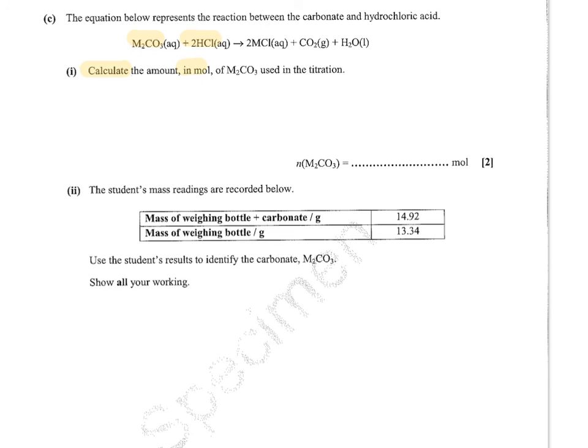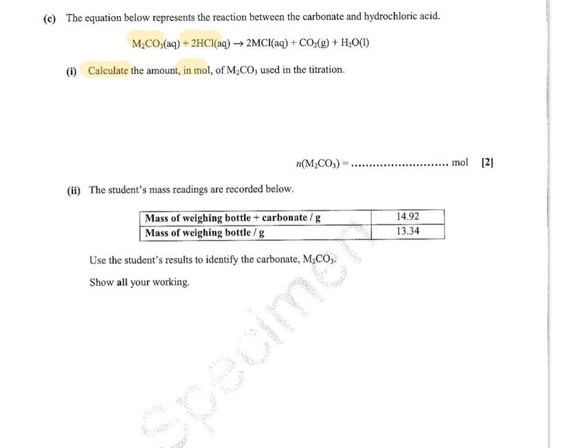So it says calculate the amounts in mole of the M2CO3 used in the titration. So what do we know from the titration? We know the number of moles of HCl, because that's what we were titrating. So the HCl was our standard solution. What a standard solution is basically something that you know the concentration of, that you also know will react with something else, and that something else, in this case your carbonate, is what you don't know the concentration of.